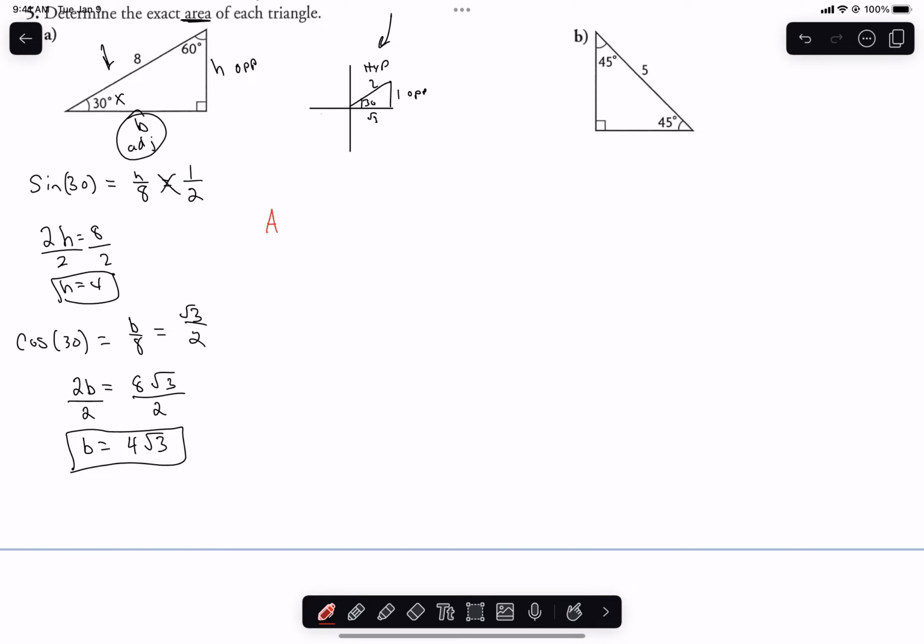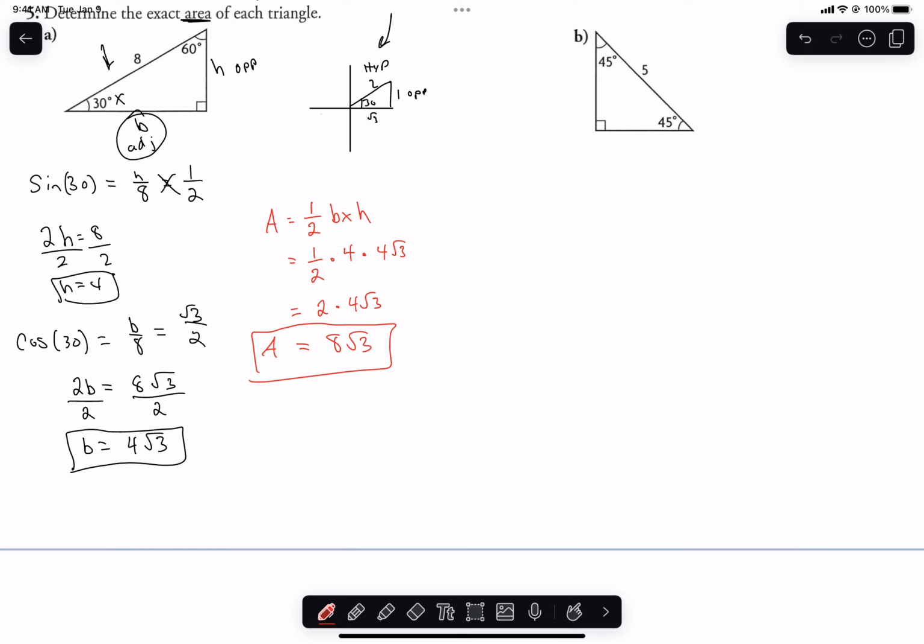The area of the triangle is going to be 1/2 the base times the height, which is 1/2 of 4 times 4 root 3. So 1/2 of 4 is 2, times 4 root 3, which is 8 root 3.